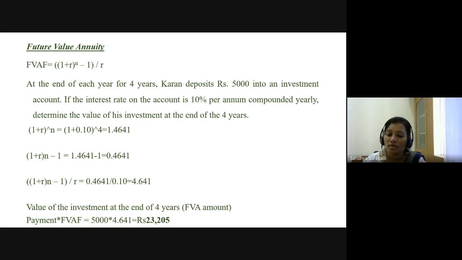But when you have regular cash flows, for all the cash flows together, you have a factor. That factor you have to find out using the formula 1 plus r to the power n minus 1 divided by r. This factor you will use and multiply with the amount for which you have to find out the future value.